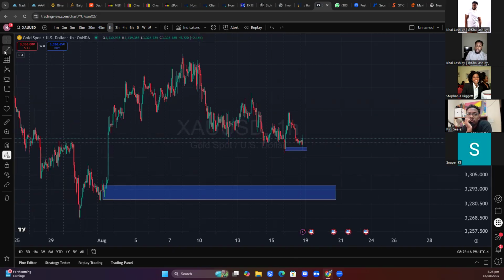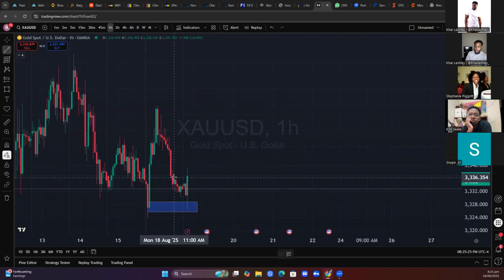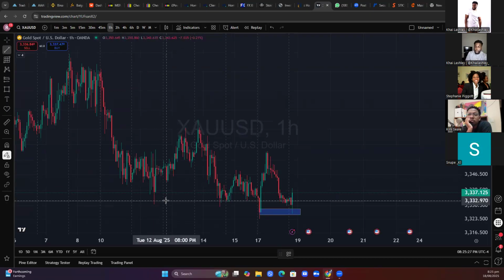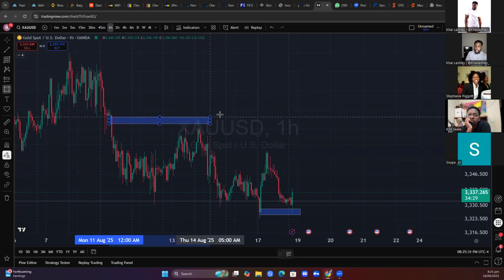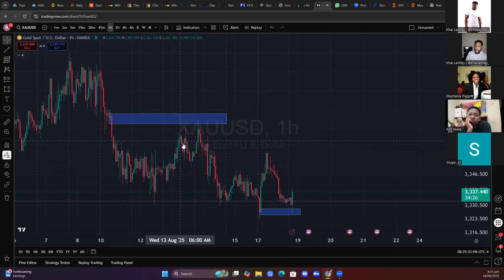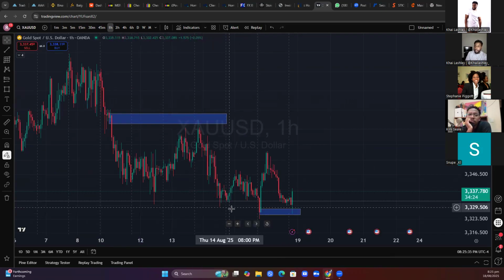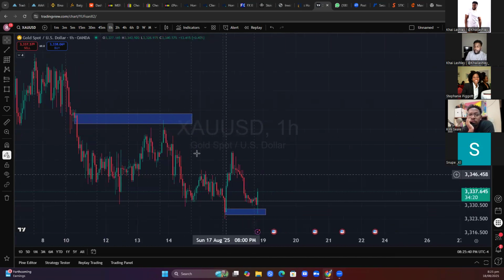We have price dancing around here, consolidating like crazy, pushing back up into this right here, and then pushing lower.